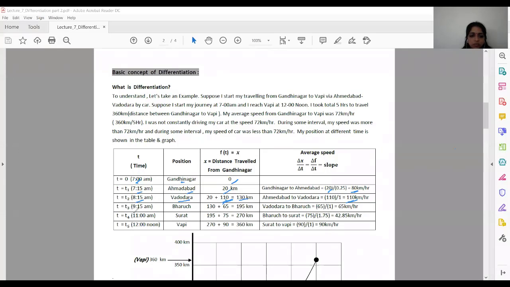After 1 more hour, at 9:15, I am at Bharuch, right? So the distance between Vadodara and Bharuch is 65 kilometers. The distance between Gandhinagar and Vadodara is 130, so the total distance is 195. So the average speed between Vadodara and Bharuch is 65 upon 1, that is 65 km per hour.